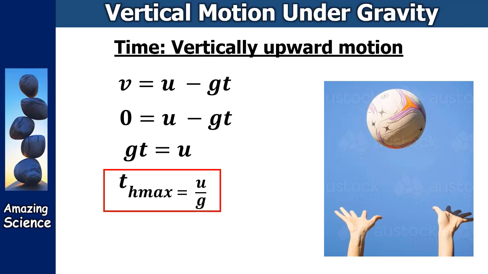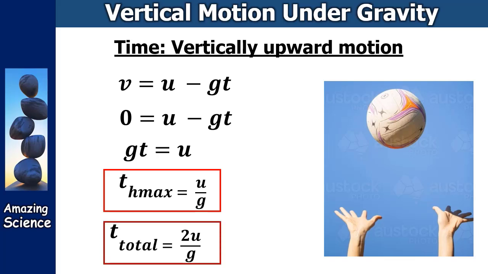So the time taken to move up and down to the ground will be given by t is equal to 2u divided by g. That is multiplying the time taken to reach the maximum height by 2.